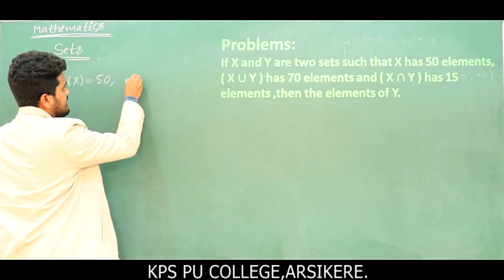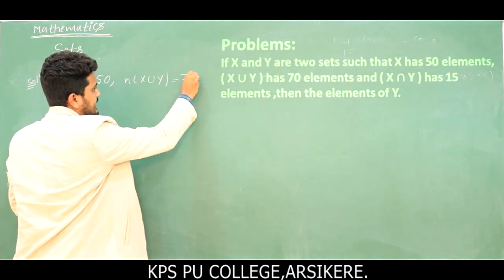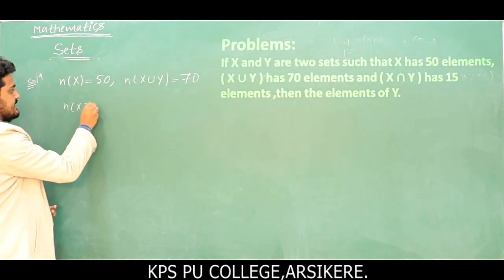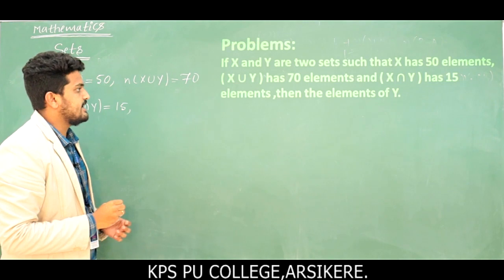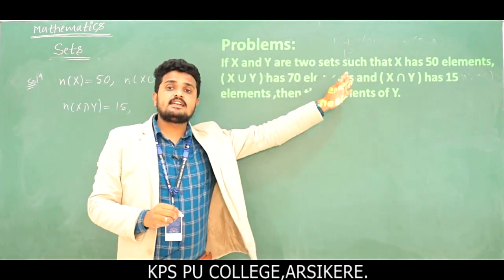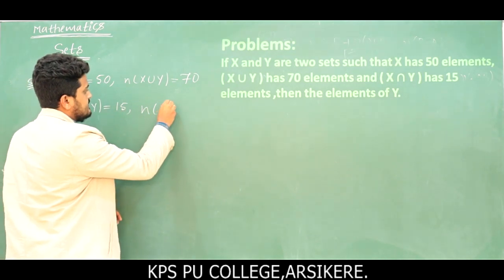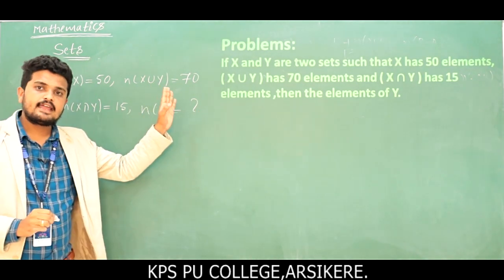So n of x union y is equal to 70. Again n of x intersection y is 15, but we have to find the number of elements in the set y, that means n of y is equal to question mark. So we have to find the value of n of y.